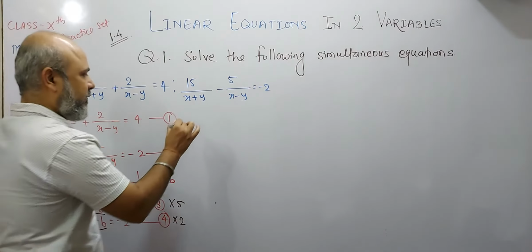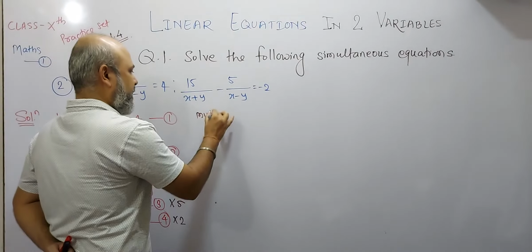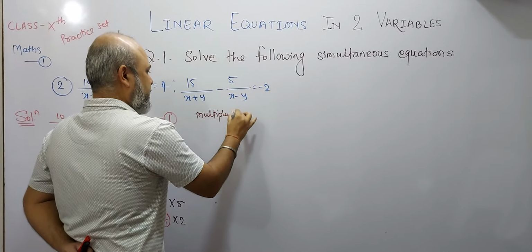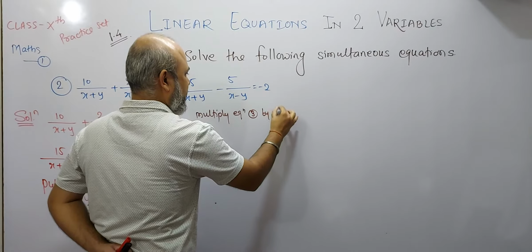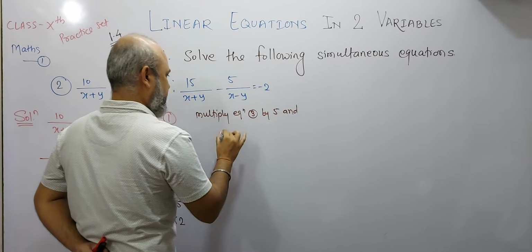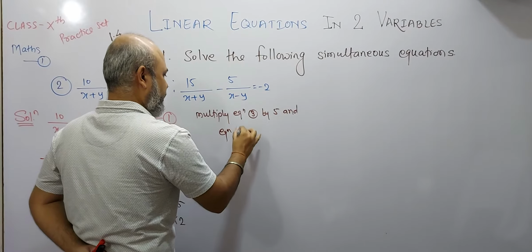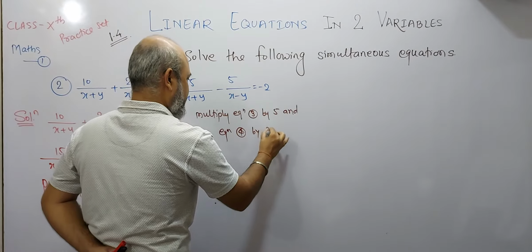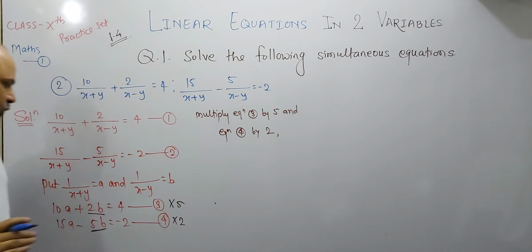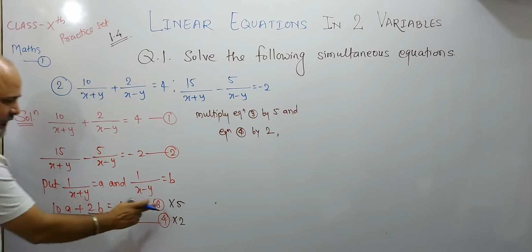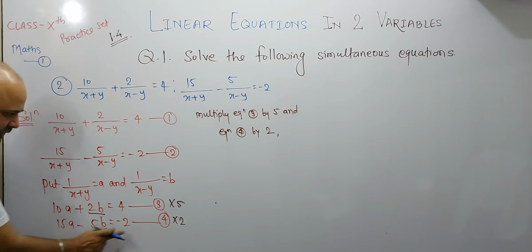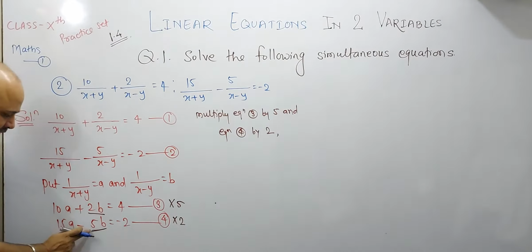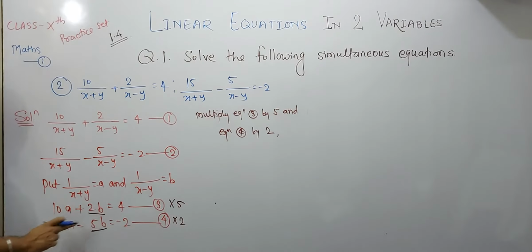So I will write here, multiply equation 3 by 5 and equation 4 by 2. So what you will get? When you will multiply equation 3 by 5, this becomes 5 2s are 10, and when you will multiply equation 4 by 2, you will get here minus 10. So this will cancel out.